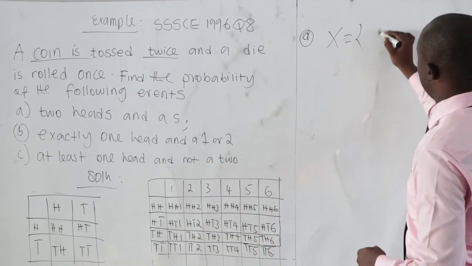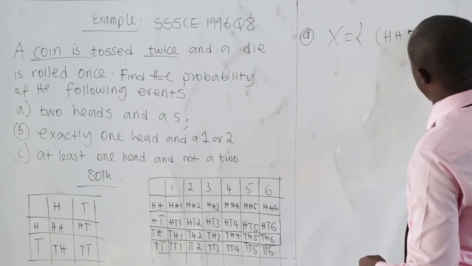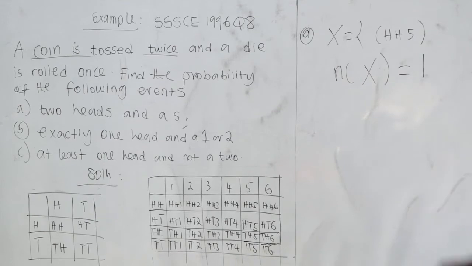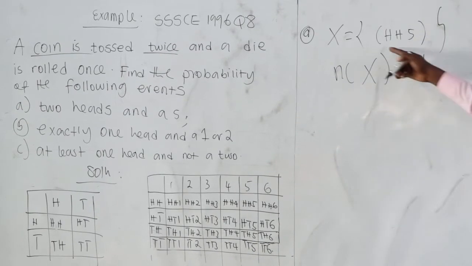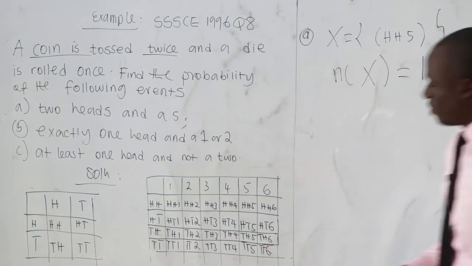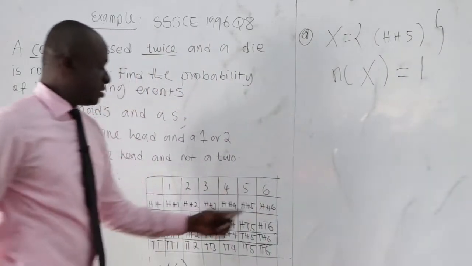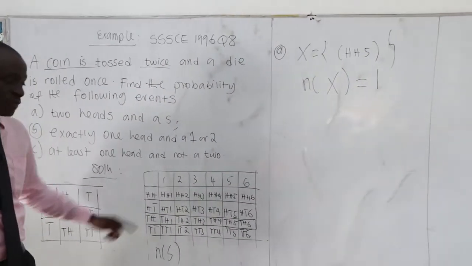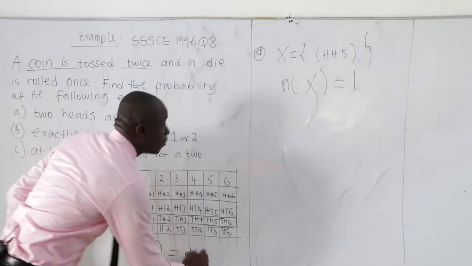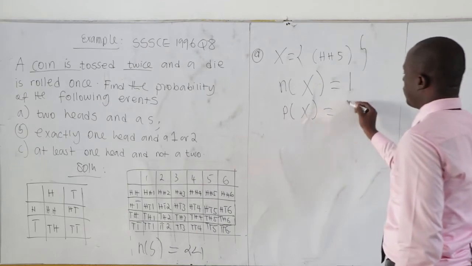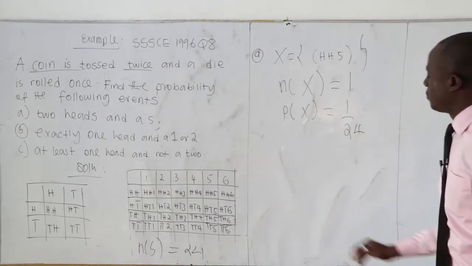So the number of elements in this event is 1. Now, what is our sample space? We have 6 times 4, which is 24. Hence, the probability of obtaining that will be 1 all over 24.